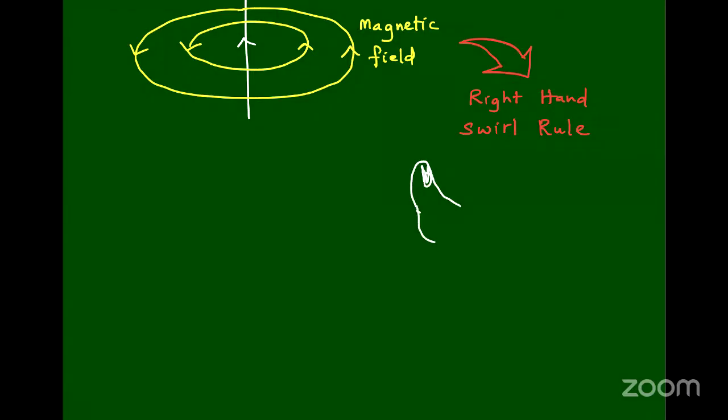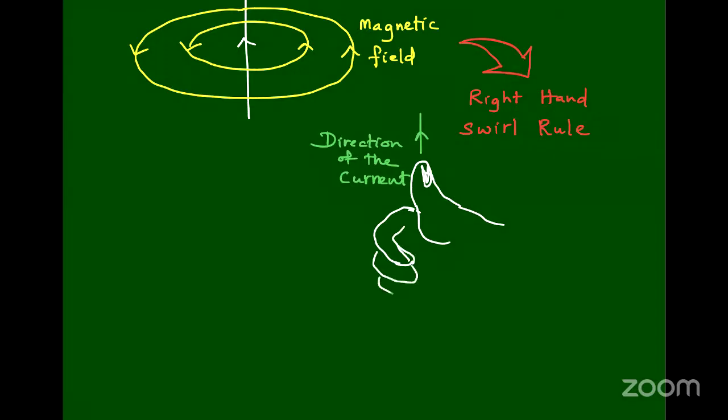So this thumb gives us the direction of the current. The thumb is the direction of the current. And the other four fingers, you are going to bend those fingers like this, and keep your hand like this.